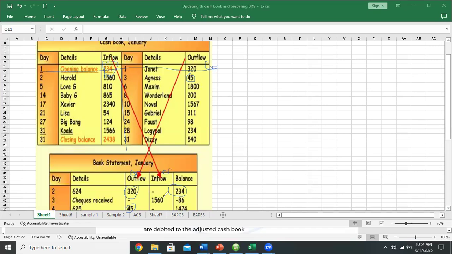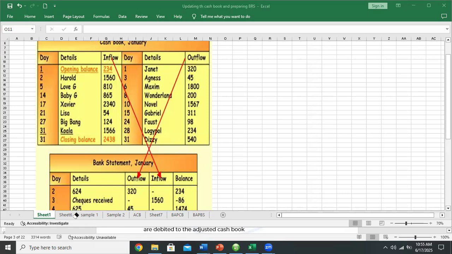Having said that, let me go ahead into that. So uncredited checks, what did we say about uncredited checks? Professors, we said that uncredited checks are checks that the business has received. So we have received the check, and for that matter, have debited our cash book. So it's expected that the bank will credit it.